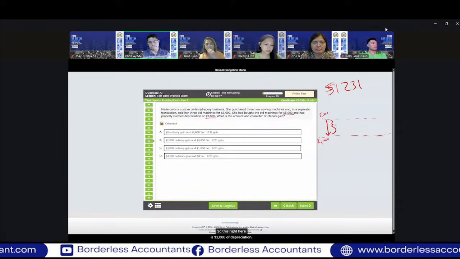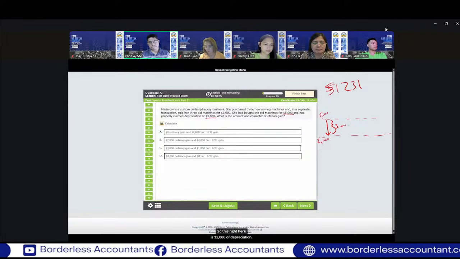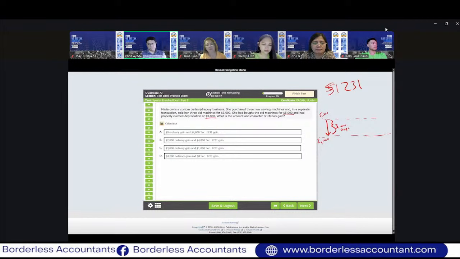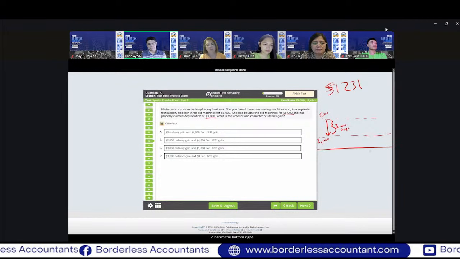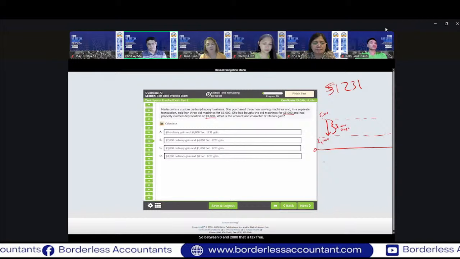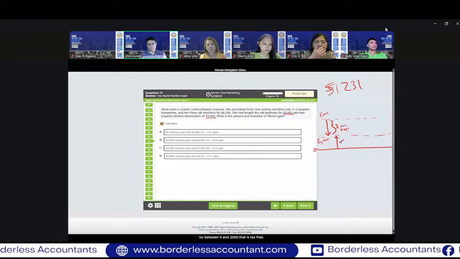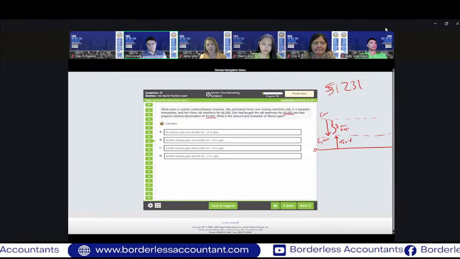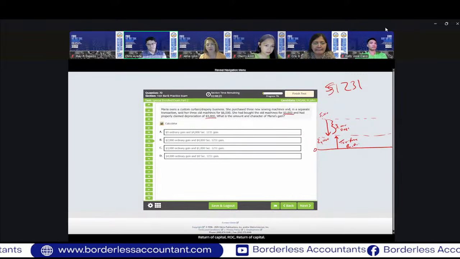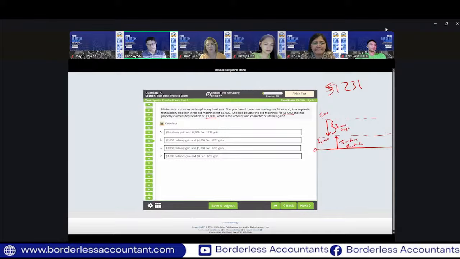So this right here is $3,000 of depreciation. So here's the bottom, right? Can't go below zero. So between 0 and 2,000, that is tax-free return of capital, ROC.